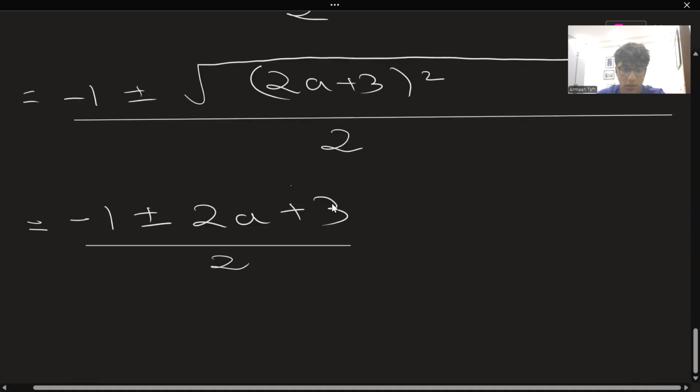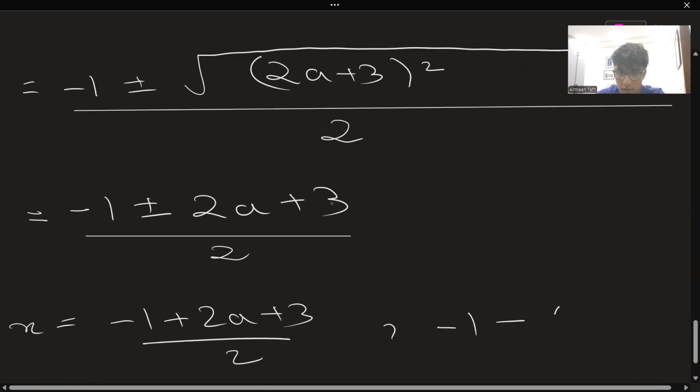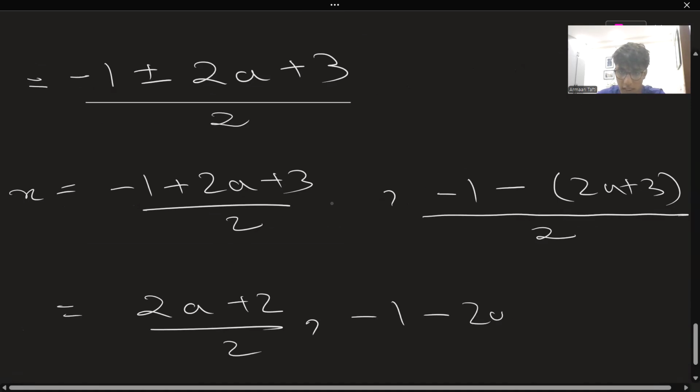Now your x can be equal to either minus 1 plus (2a plus 3) by 2, or minus 1 minus (2a plus 3) by 2. So we have (2a plus 2) over 2 and we have (minus 2a minus 4) over 2.